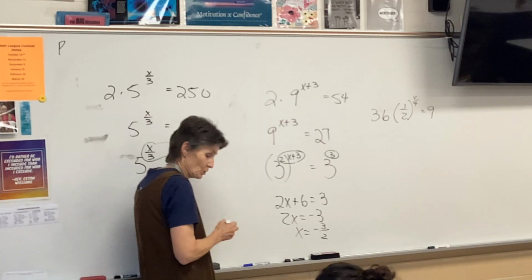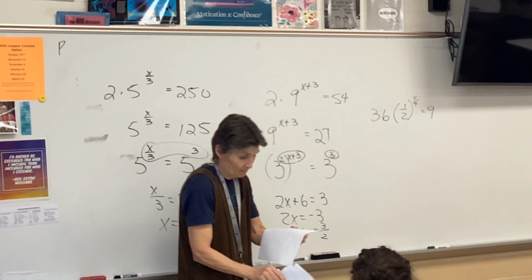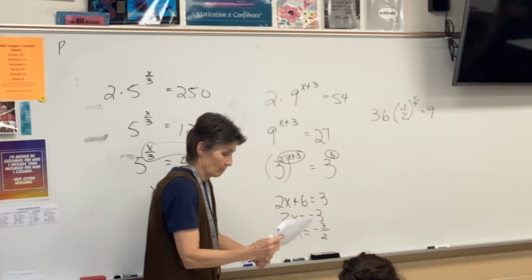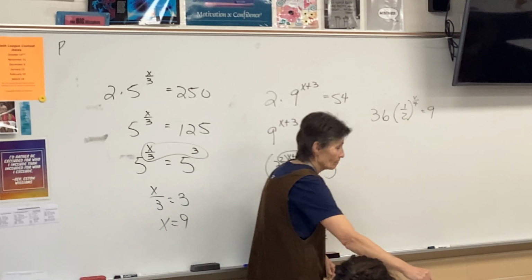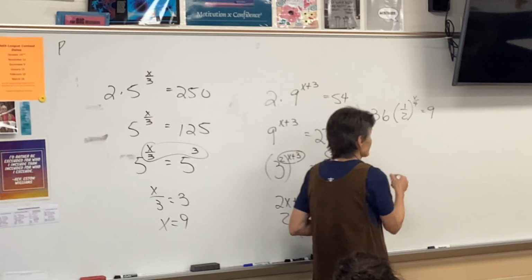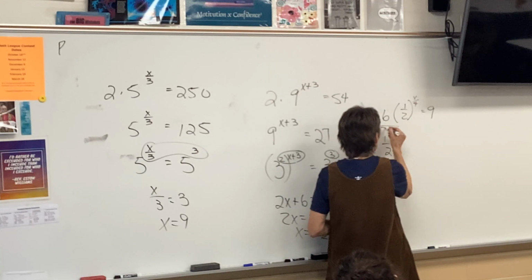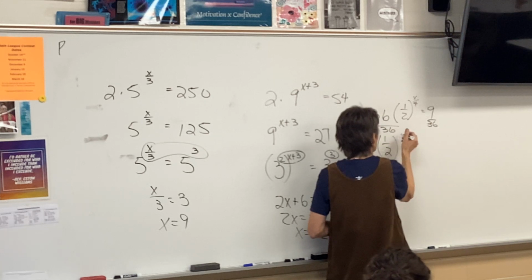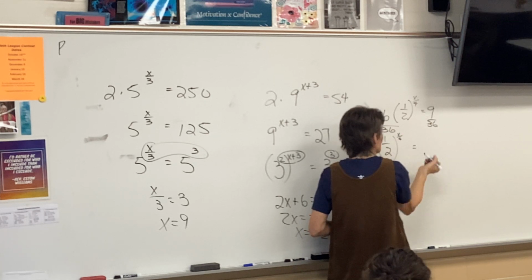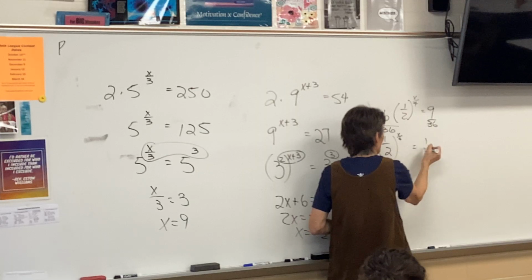All right. G. Divide by 36. And what is special about 9 over 36? 1/4.